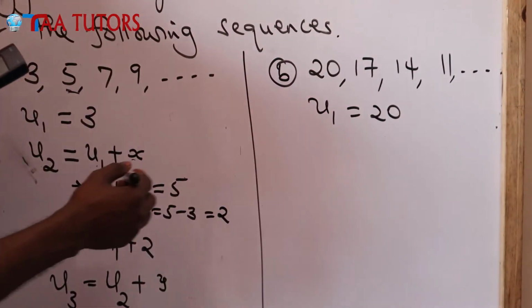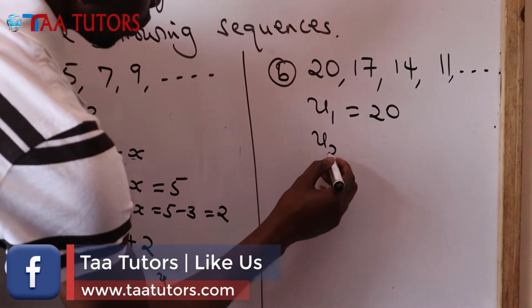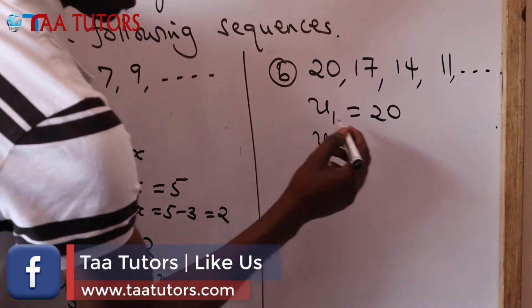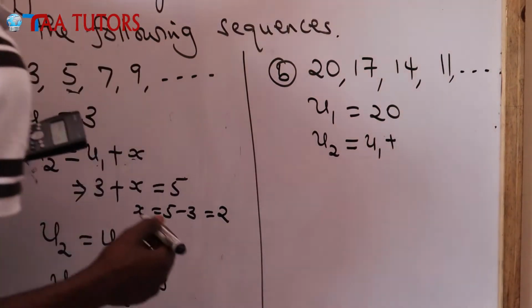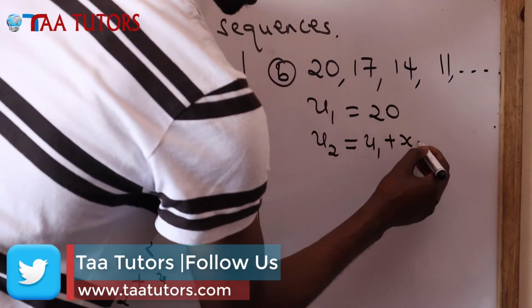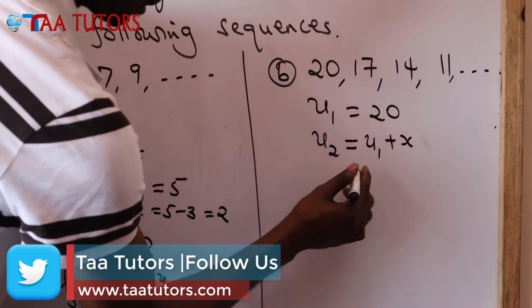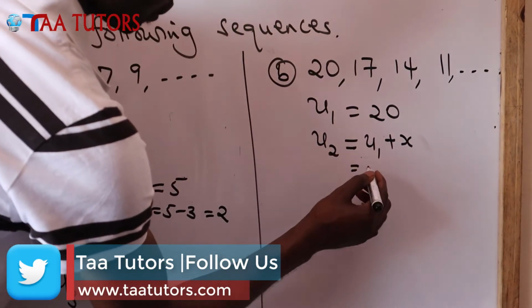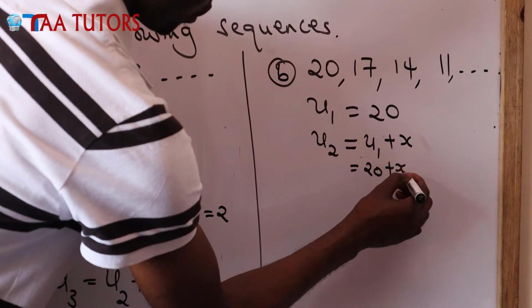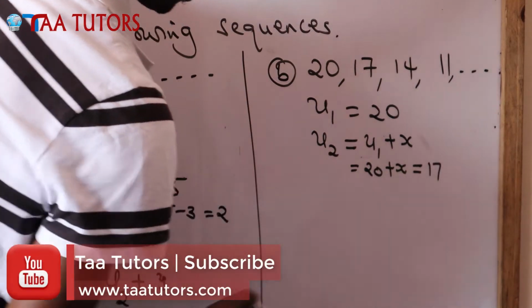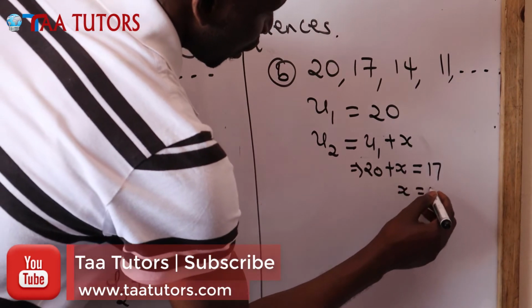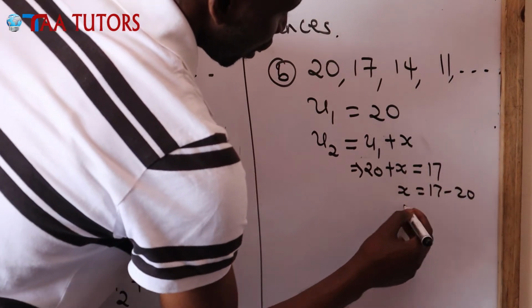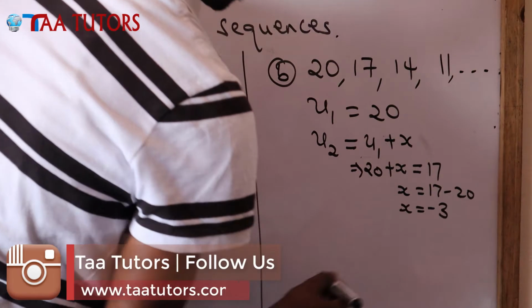For us to get the second term, u2 will always be the first term, u1, plus an unknown number, in this case let me say x. So the first term, 20, plus an unknown x should give us 17. What is happening here is that x will be 17 minus 20, so x will be negative 3.